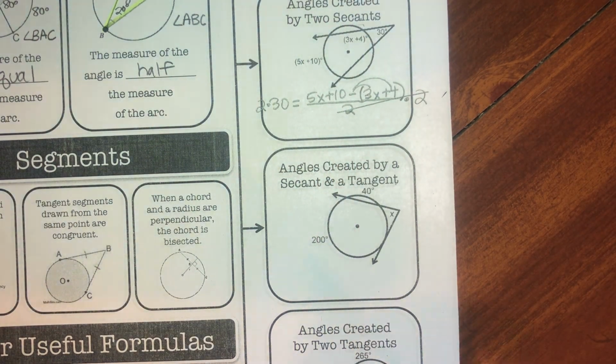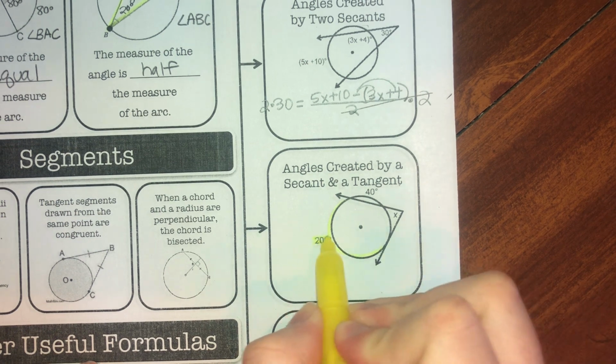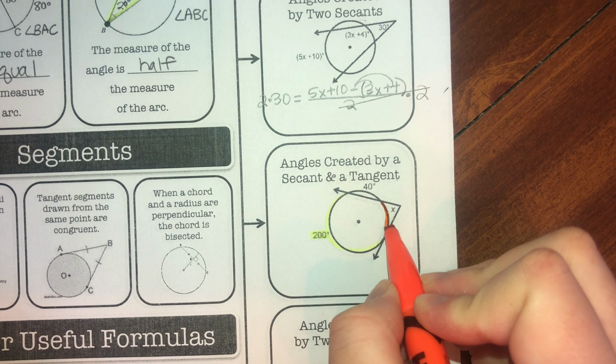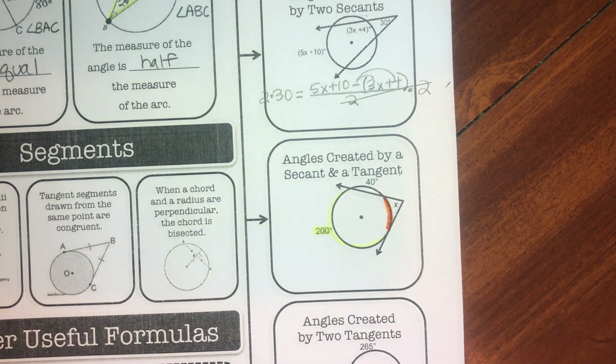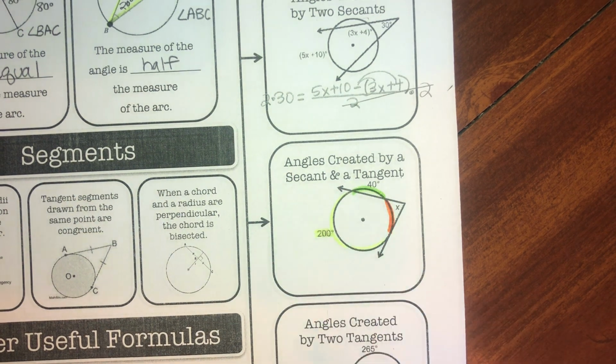As we look at this one, we've got this far arc right here, and it's labeled as 200 degrees. However, our near arc is the one closest to that angle, and it's not actually labeled, but if you notice, we also have this 40 degrees, and if I put all three of those together, it does form that full circle.